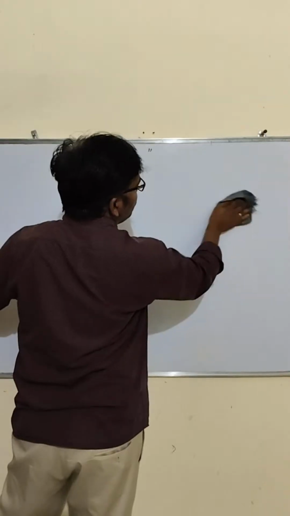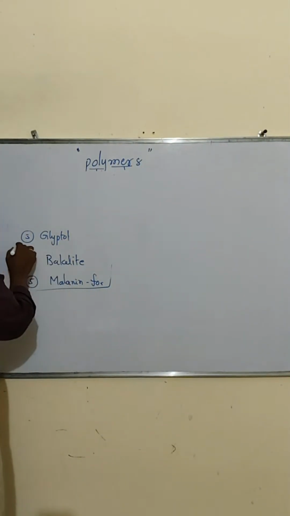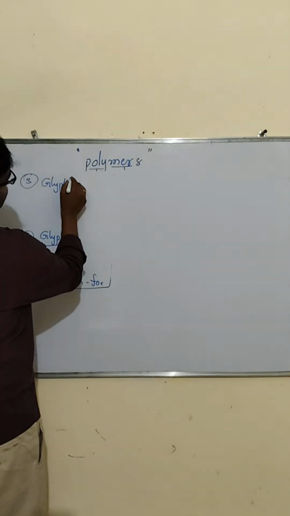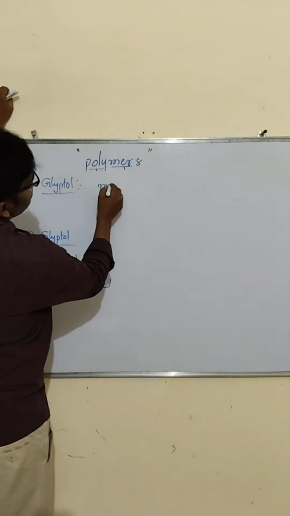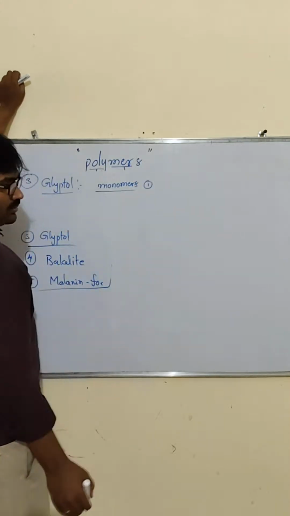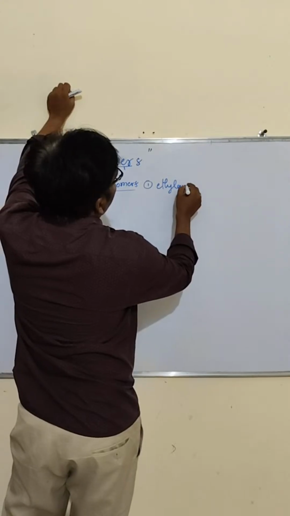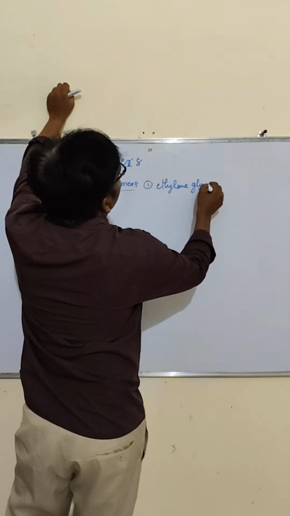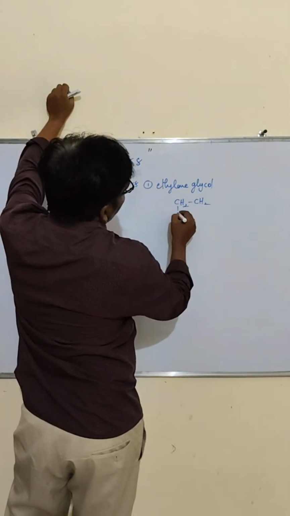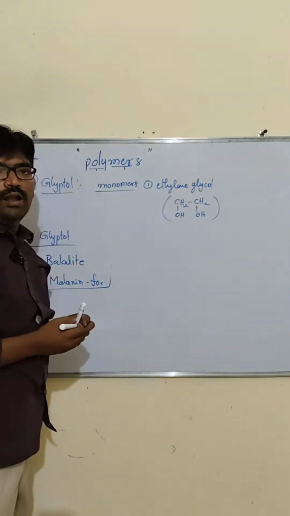Again ethylene glycol and phthalic acid, not terephthalic acid. Glyptal monomers: number 1 is ethylene glycol. Its structure is CH2 bond CH2, then OH, then OH. This is the structure for ethylene glycol.